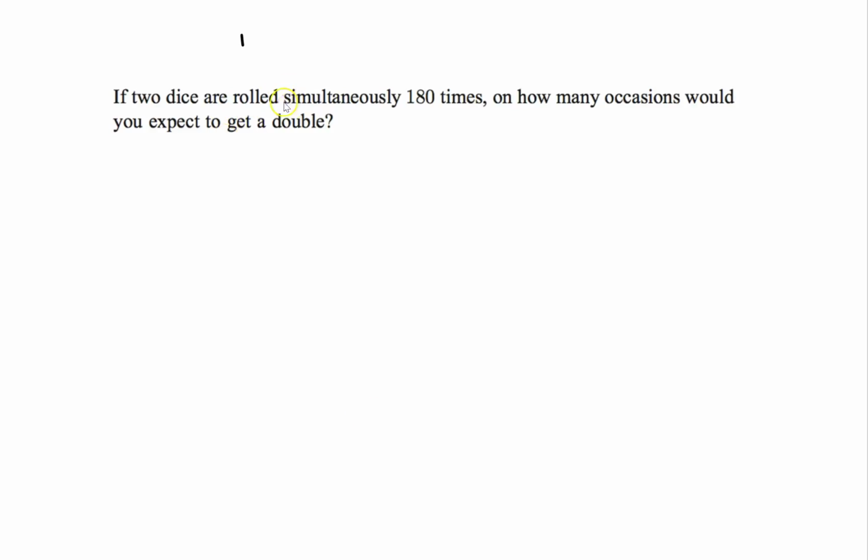Here's a quick one. If a pair of dice is rolled simultaneously 180 times, how many times would you expect to get a double? Well, let's first figure out how many ways you could get a double. There could be 1,1, 2,2, 3,3, 4,4, 5,5, 6,6. Now we could list out all the possibilities when you roll the dice, but really we know there are 6 possibilities on the first die and 6 possibilities on the second die.